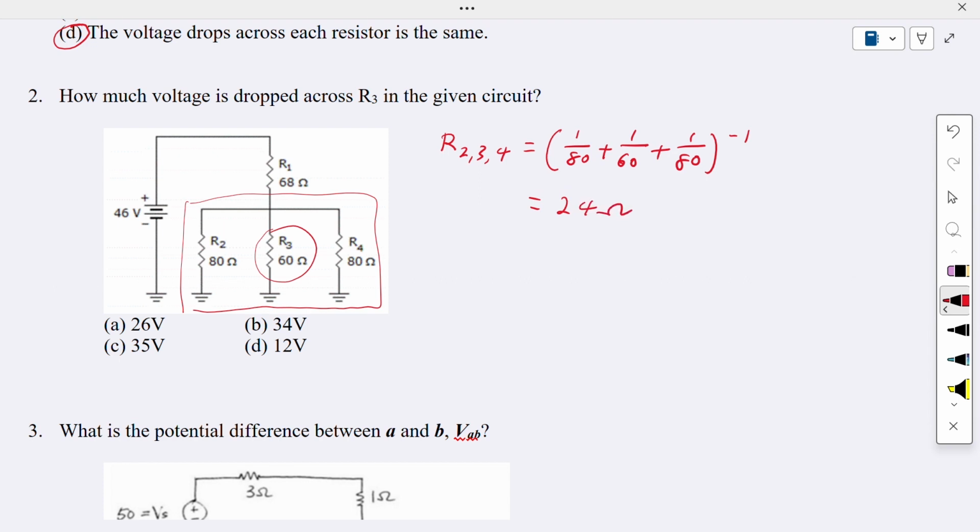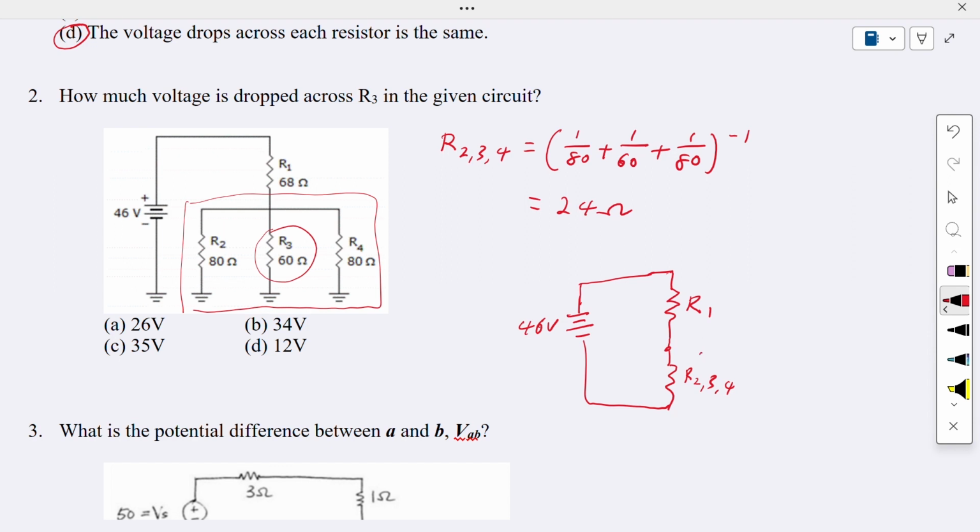So that means we can replace this circuit here. If we replace this, then we have the voltage source, which is 46 volt, connected to R1, and then the Req that represents the resistors R2, R3, and R4.